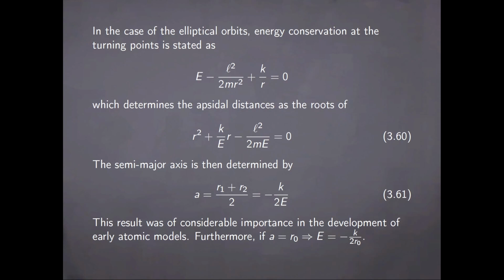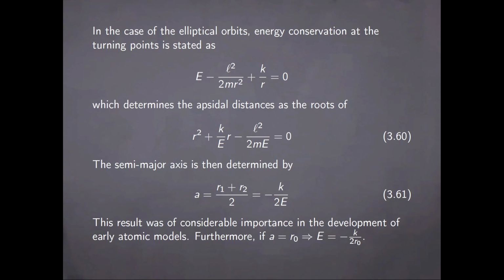times the total energy, and the fact that the semi-major axis in an inverse square of the distance problem depends only on the total energy was something of considerable importance in the development of early atomic models, and particularly the Bohr model for the hydrogen atom.